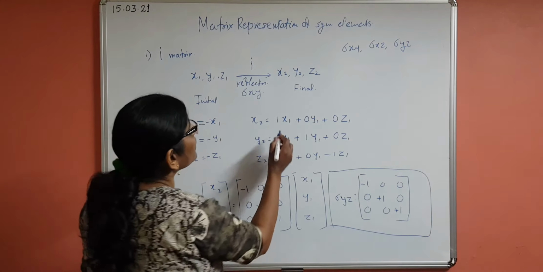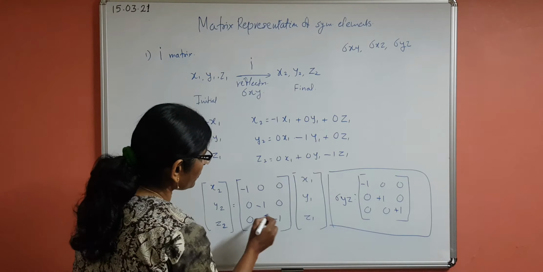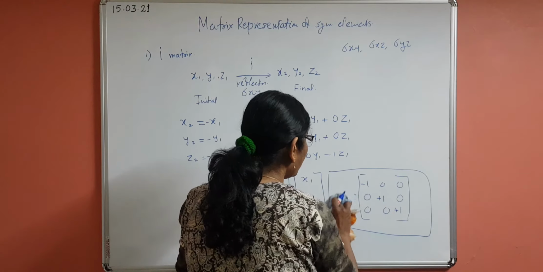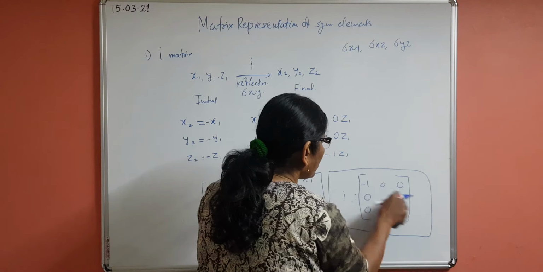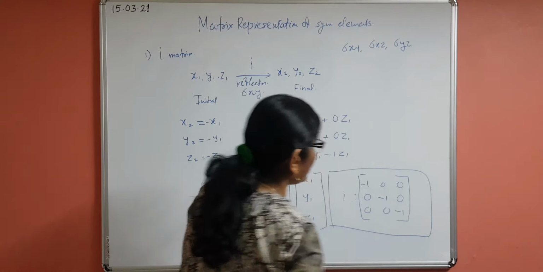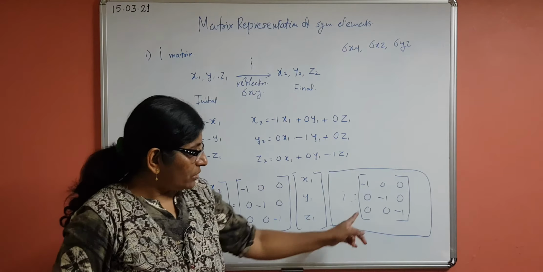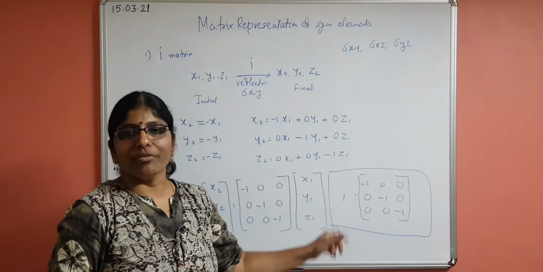So all three signs will be minus, and the matrix is minus 1 0 0, 0 minus 1 0, 0 0 minus 1 for I, the center of inversion.